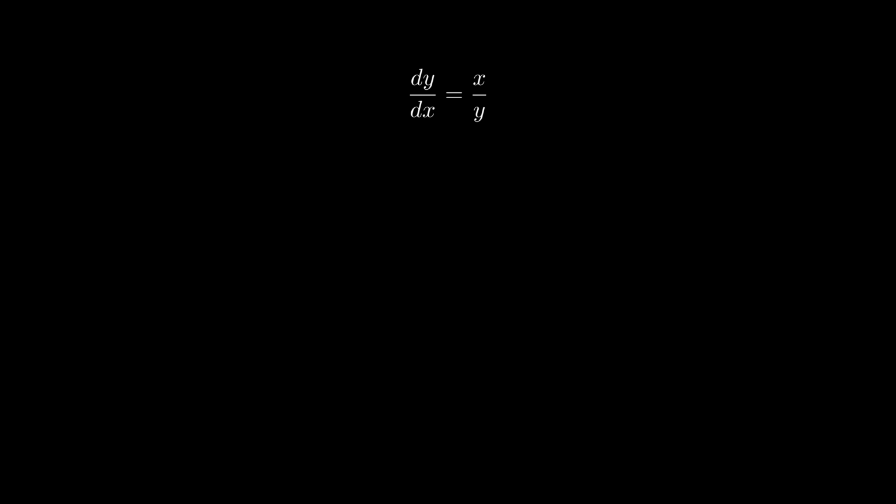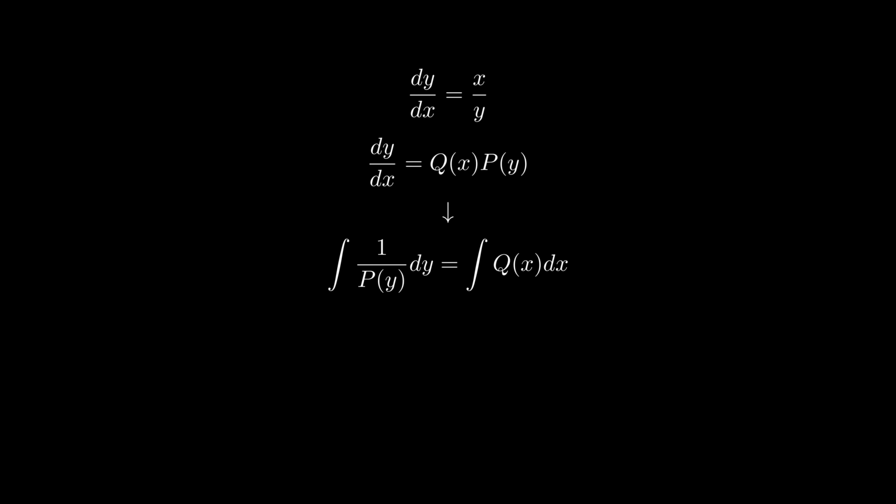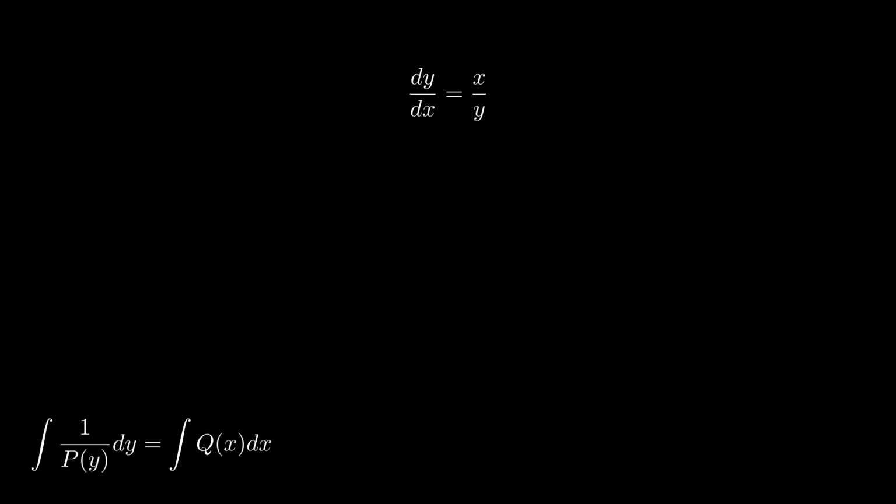Whenever we have such a form of a differential equation, we can rewrite that equation in the form of the integral of 1 over p of y dy equal to the integral of q of x dx. This is what we've derived in the previous section of the video. So now we can move this formula to the side because we will not need it just yet. What we need for now is to identify q of x and p of y for our equation.